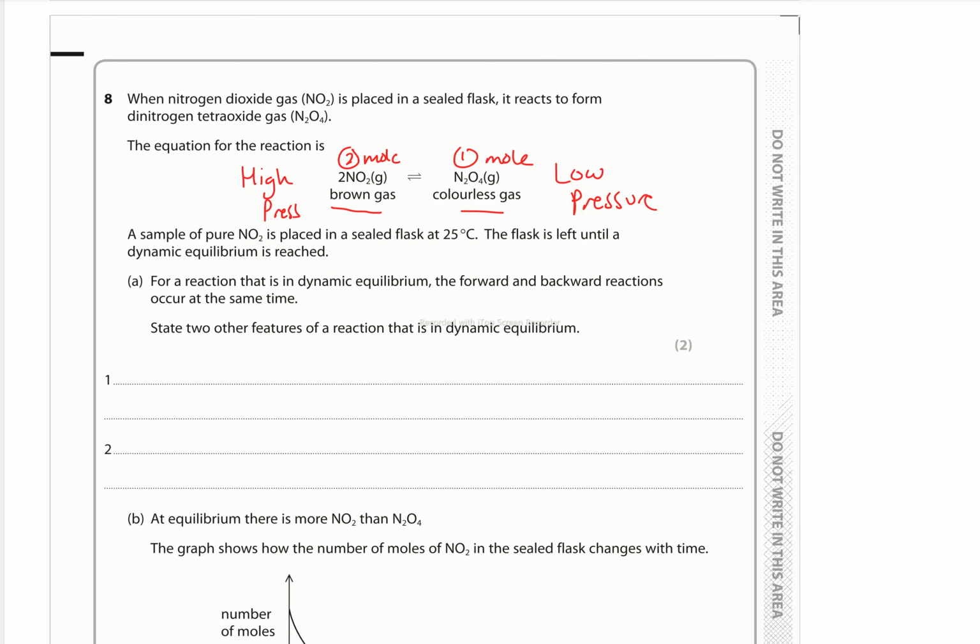Now what they've done is they've given you that the forward and backward reactions occur at the same time. Now we've got to produce the other two. Right, the rate of forward reaction equals the rate of backward or reverse reaction.